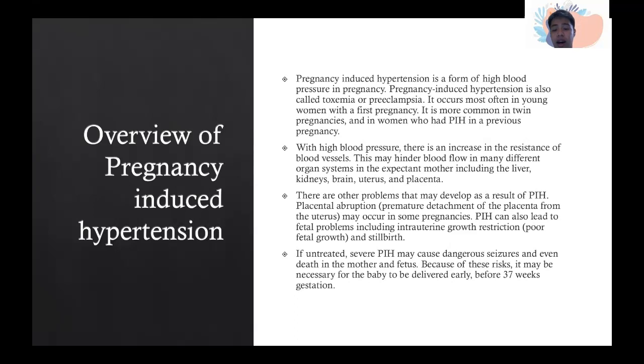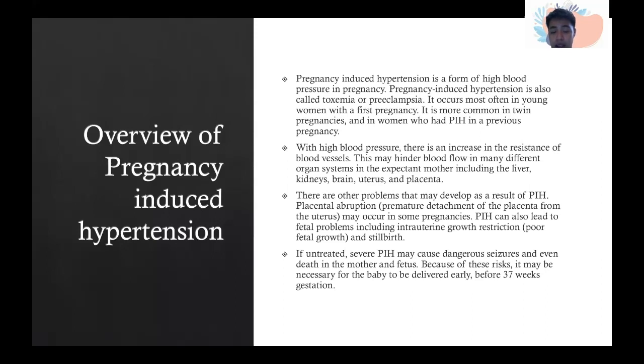Next is there are other problems that may develop as a result of PIH. Placenta abruption or premature detachment of the placenta from the uterus. This may occur in some pregnancies. PIH can also lead to fetal problems including intrauterine growth restriction or poor fetal growth and stillbirth.